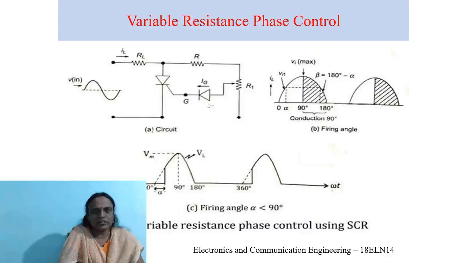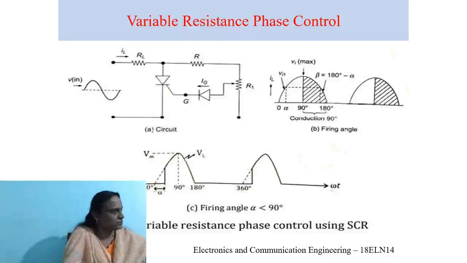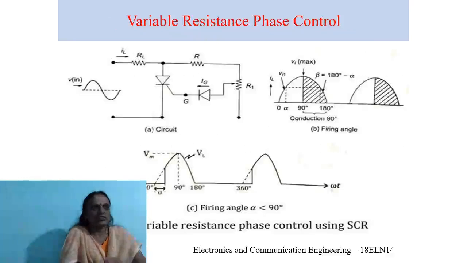What is the purpose of this diode? This diode prevents the flow of reverse gate current during the negative cycle, because the SCR has to be triggered only in the positive half cycle of the input, right? So the diode prevents the flow of reverse gate current during the negative cycle of the input.